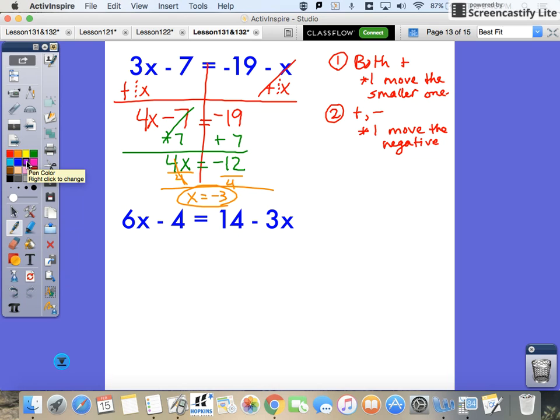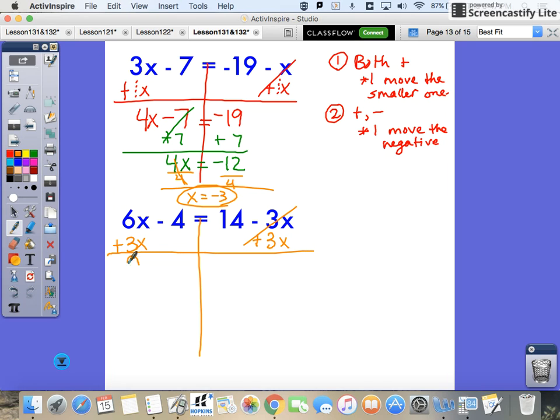All right, if we look at this one, we find our x terms. Here's one, here's the other. What I would do, and again, you don't have to do this. You can do whatever you want. There's a ton of options here, actually. But the first move I would personally make is to move the negative. So I would do plus 3x's.